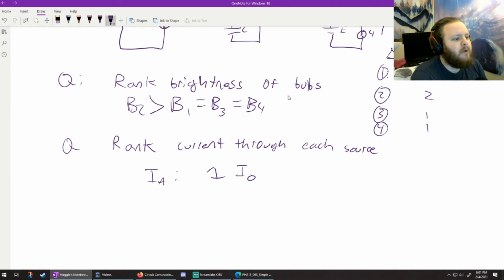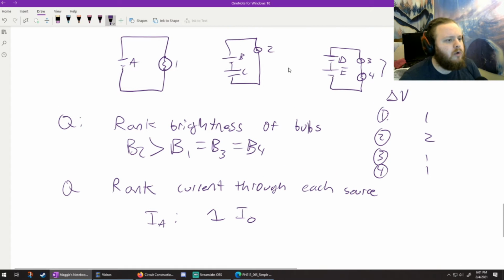Okay. So now for circuit 2, there are 2 voltage sources and 1 resistive element. And if you say to me, boy, it sure looks like that's going to be 2 I naught's worth of current, yeah, you're right. I through B equals I through C, which is going to be something like double the original current.